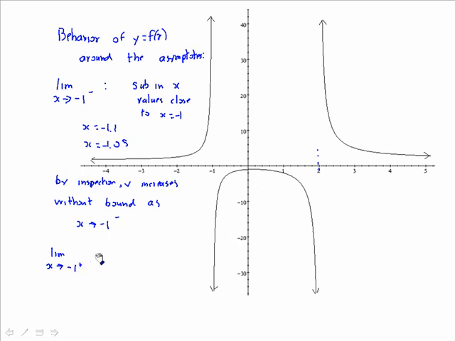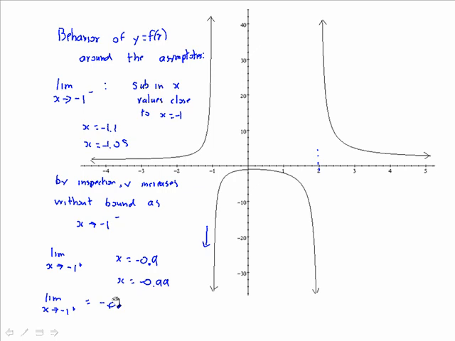You'll see here that if you plugged in x equal negative 0.9, then x is equal to negative 0.99, getting closer and closer to negative 1, you'll see that it goes down forever. So the limit as x approaches negative 1 from the right is going to be written like that, negative infinity, and so on. So it's a bit of a problem.